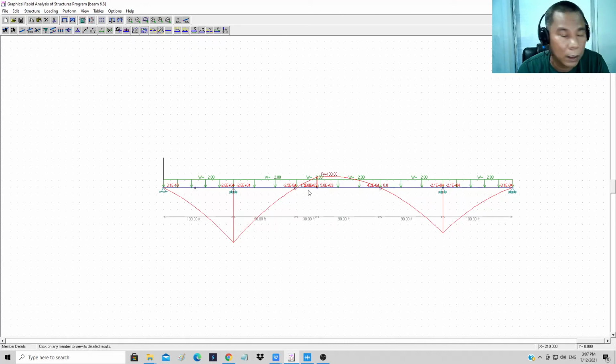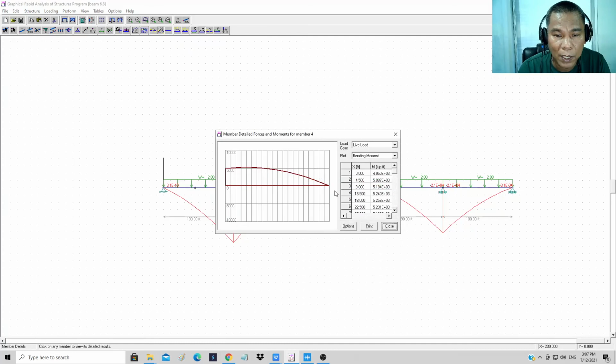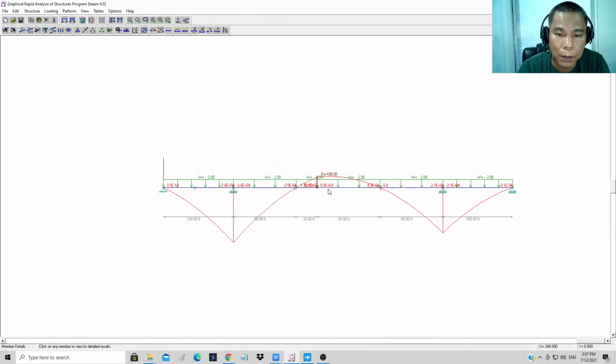That is logical because we have released the moment here. The maximum moment at the middle can be found by looking at this diagram for the maximum value. Here, around 5,256 at 18 feet. You can verify that by calculation if you have time.